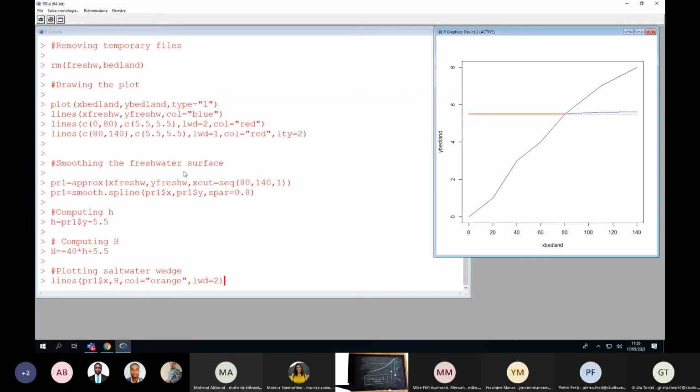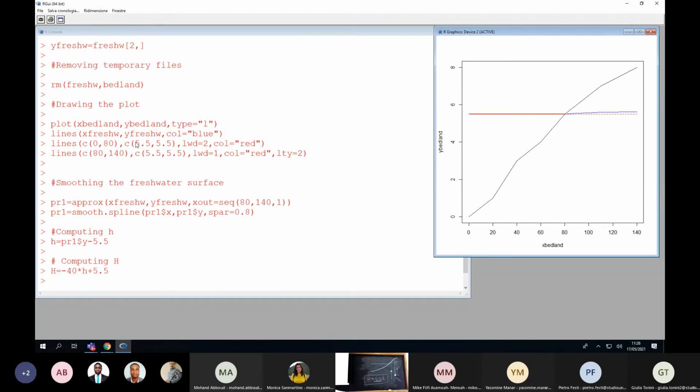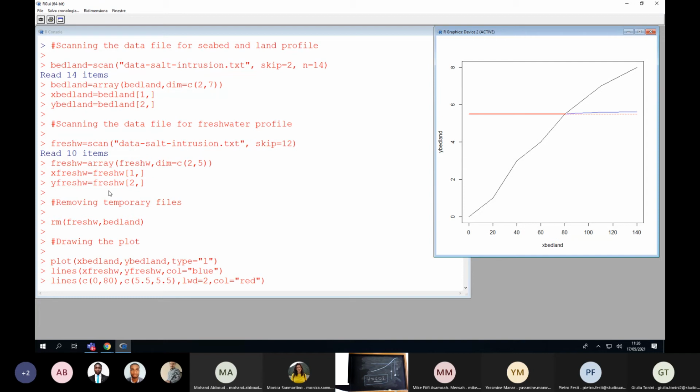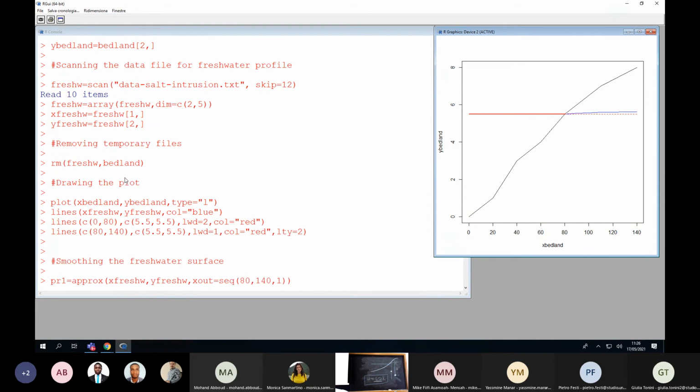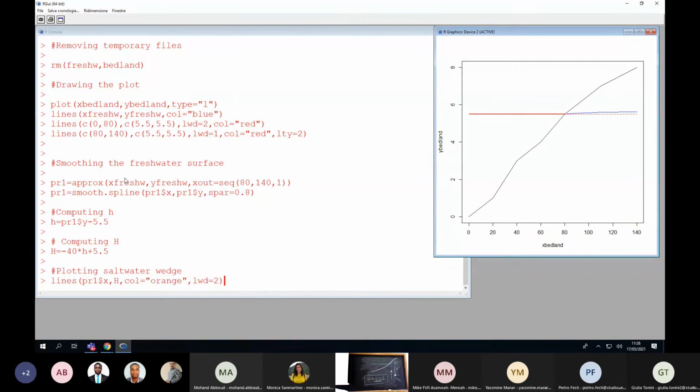Here it is. Let me see if there is an error. No, this is fine. No error, but I don't see the output.